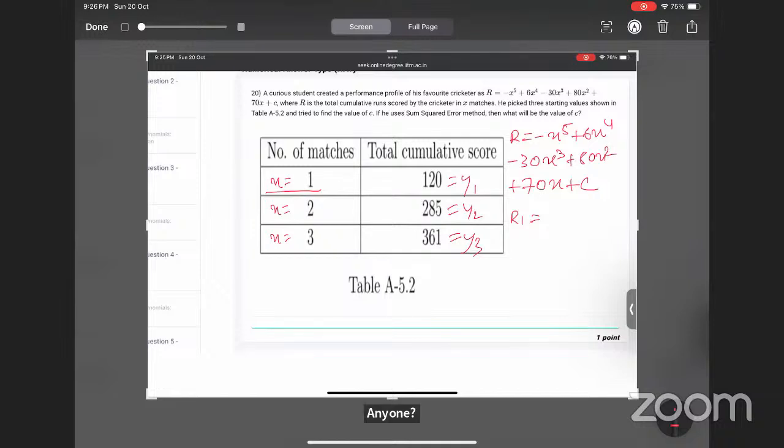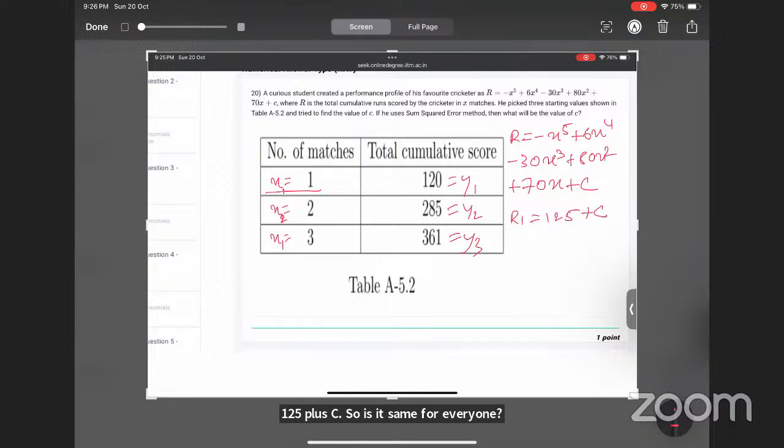Ma'am, R1 means the value of R at x1. 125 plus C. 125 plus C. So is it same for everyone? 125 plus C, right?